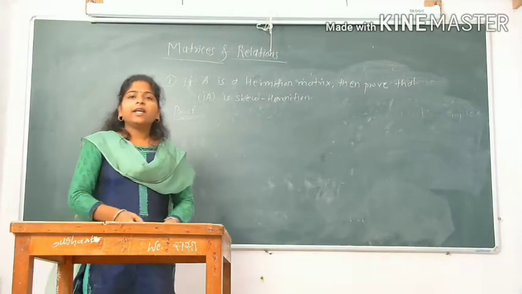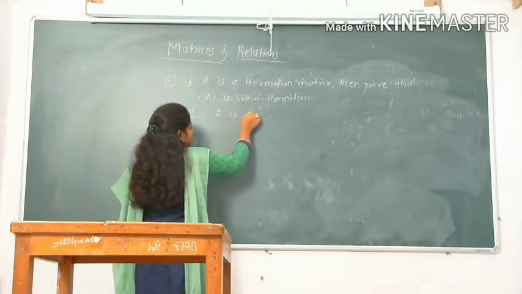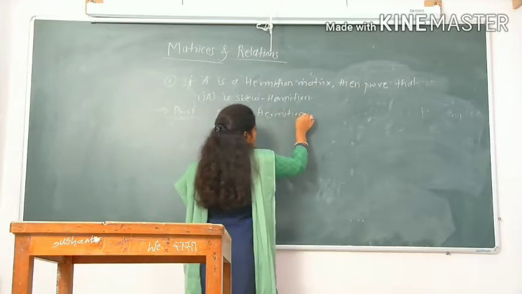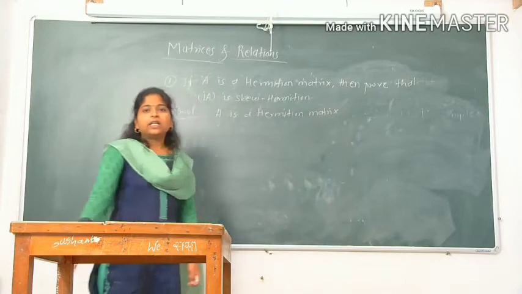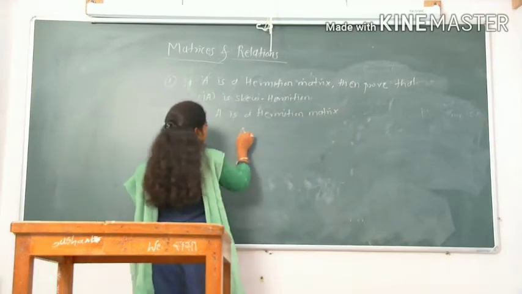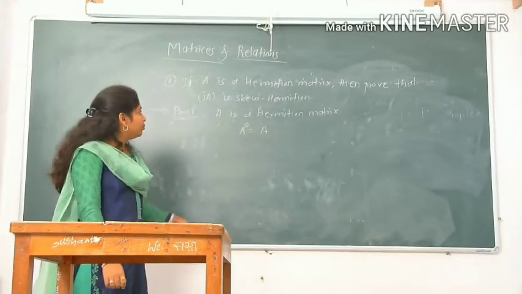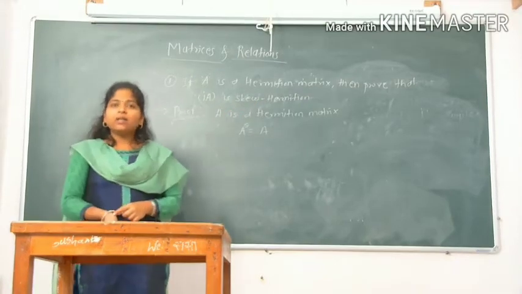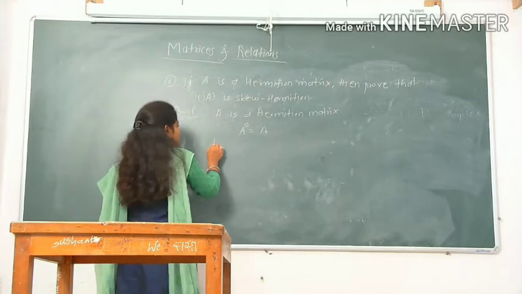Let us see the proof of this example. Here, given that A is a Hermitian matrix, we know that if A is a Hermitian matrix, then A raised to theta is equal to A. Now we have to prove that iA is a skew Hermitian matrix.